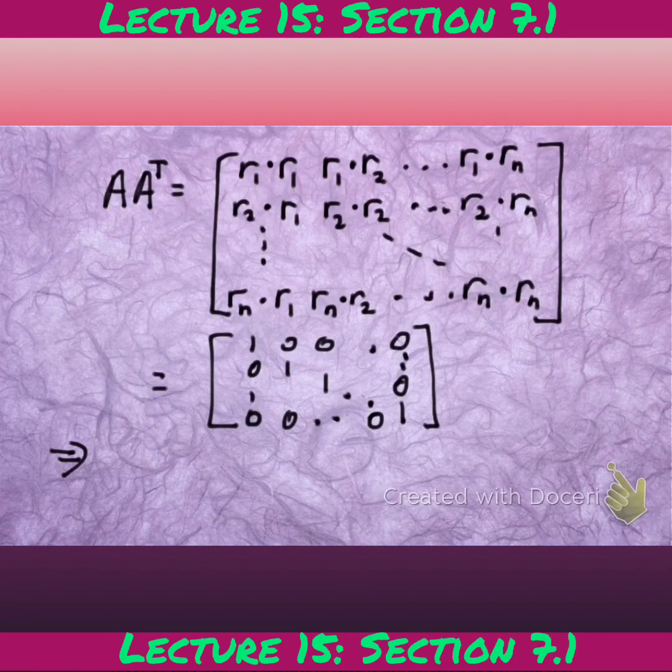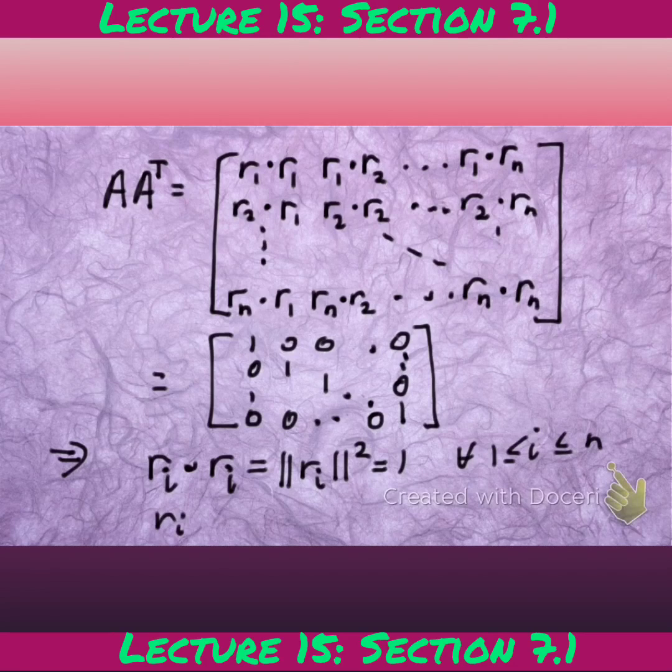So that means that ri dot ri, which is the norm of ri squared, is going to be 1 for all i between 1 and n, and also ri dot rj is going to be 0 for all i not equal to j.